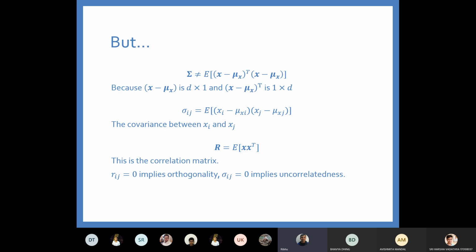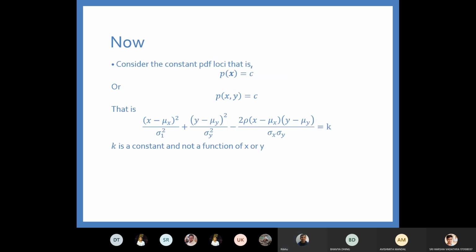So the correlation can be zero, and if the correlation is zero, you call those random variables orthogonal. But if the covariance is zero only, then you call those uncorrelated. So this is fine.